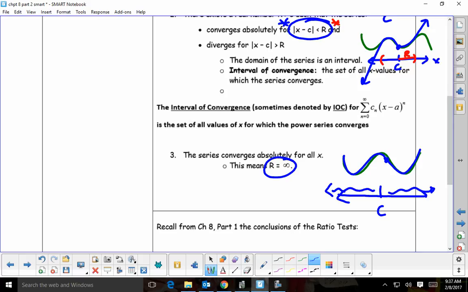Those are the 3 things that could happen, depending on the function. Does that make sense? Is anybody confused about 3 things that could happen with this power series?